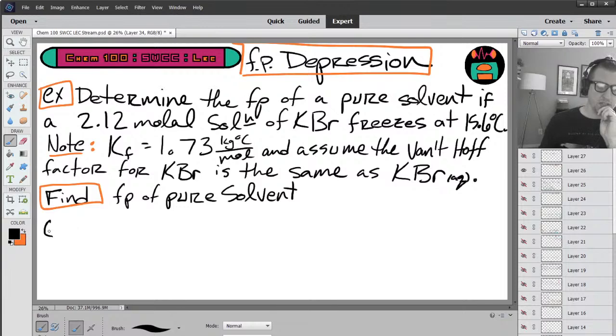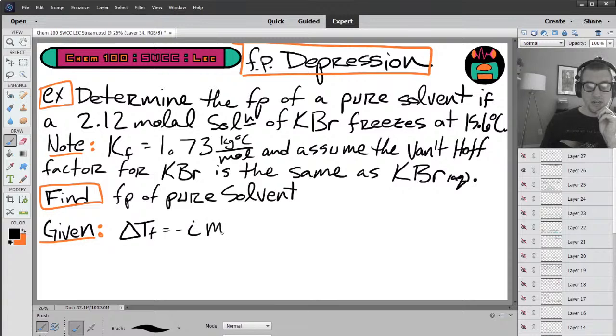First off, actually, let's look at what we're given. Because we're dealing with freezing point depression, we've got a freezing point depression constant, you should immediately write down change in freezing point is equal to -1 times the Vant-Hoff factor times the molality times the freezing point depression constant.